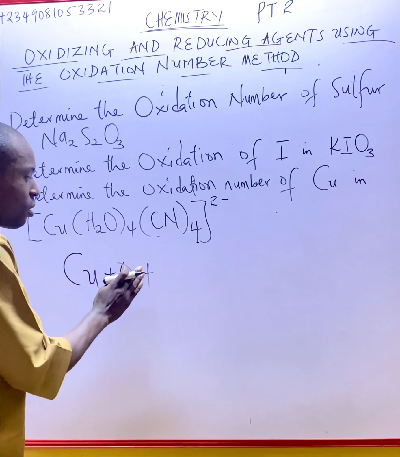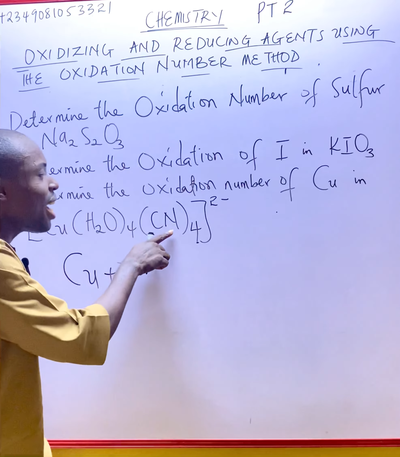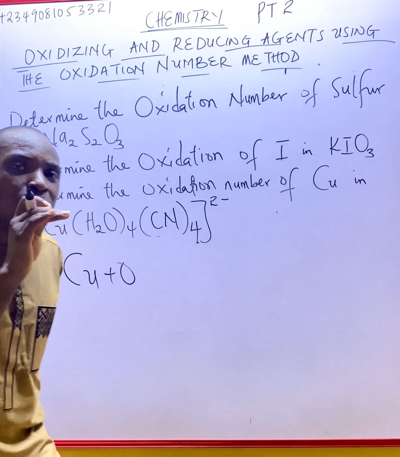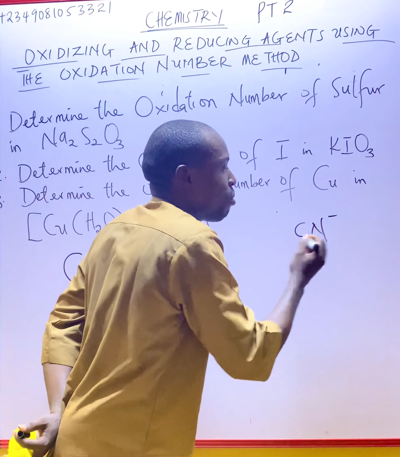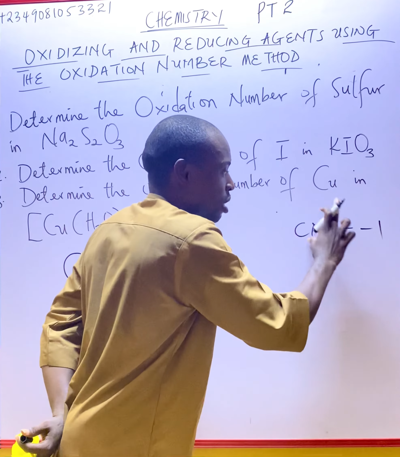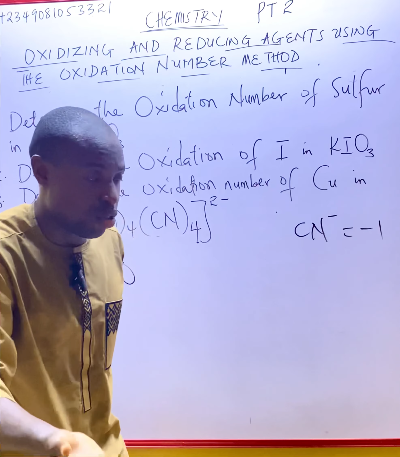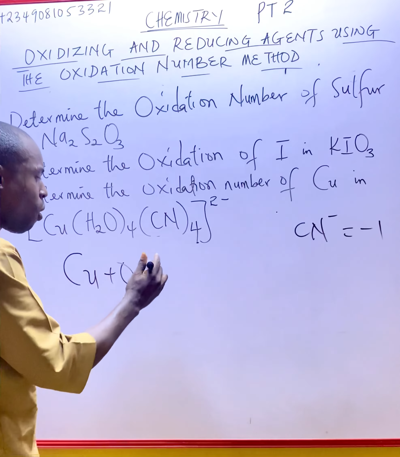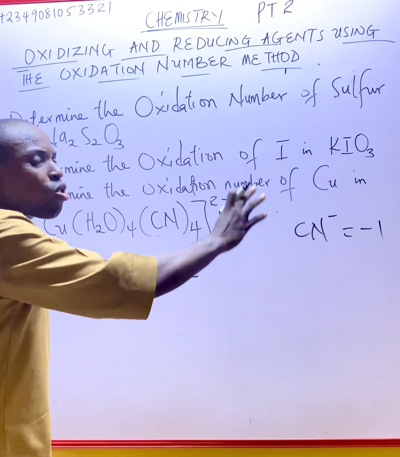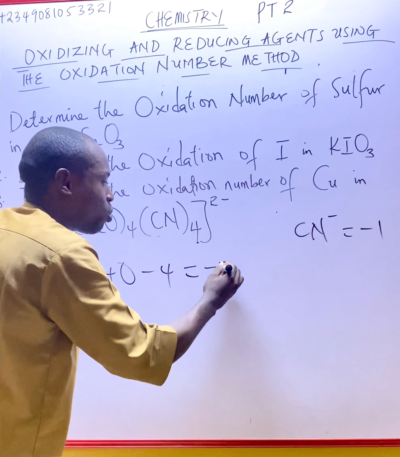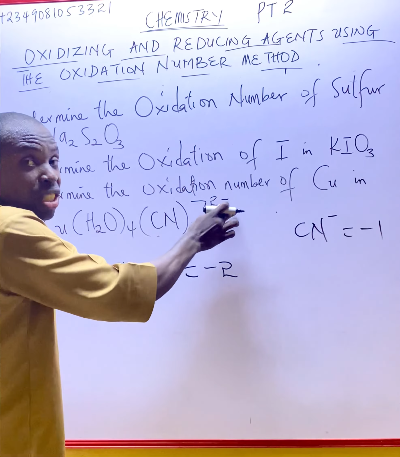Now, cyanide has an oxidation number of -1. Remember, I've told you, we have cyanide here, which is -1. Hydroxide, -1. So, -1 times 4 is -4, equal to the overall net charge here, which is what now? -2. Of course, this is the charge here.